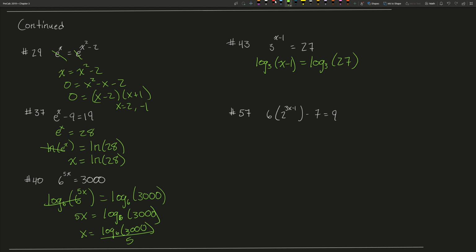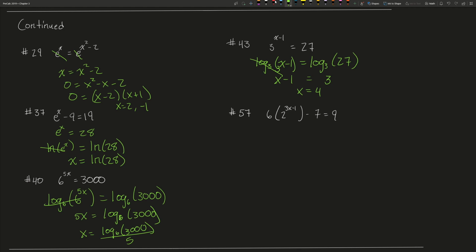So 3 cubed is 27, so this right hand side will simplify to just 3. And this should be 3 to the power of x minus 1, so that these cancel. So then we'll be left with x minus 1 is equal to 3. If we add 1 to both sides, x will equal 4.